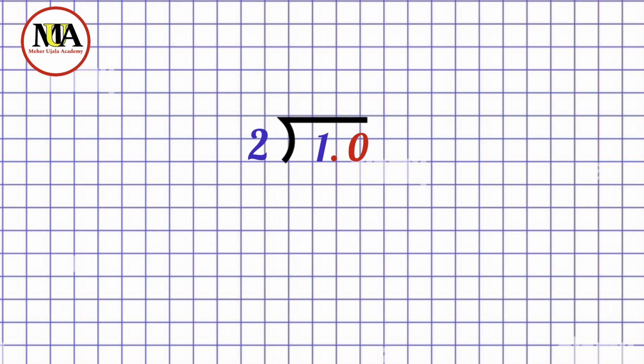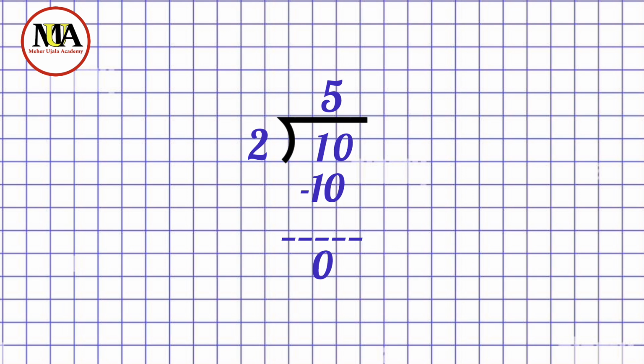Now our division problem looks like 10 divided by 2 and that's easy to do. The only difference is we have a decimal point. Let's ignore the decimal point for a minute and pretend that our problem really is 10 divided by 2. So 2 will go into 10 5 times because 5 times 2 equals 10 and that leaves no remainder.